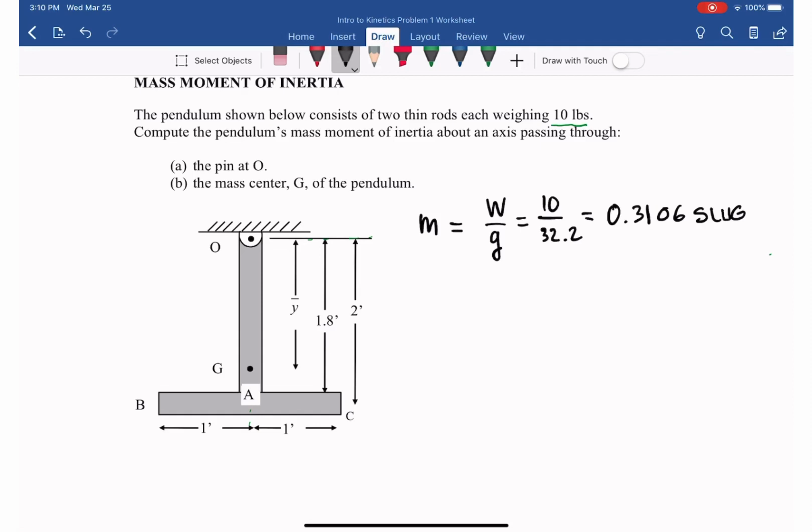And for the pendulum, keep in mind, it has two rods, so that is about the thin rod.